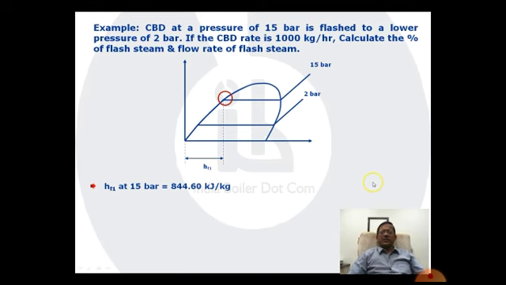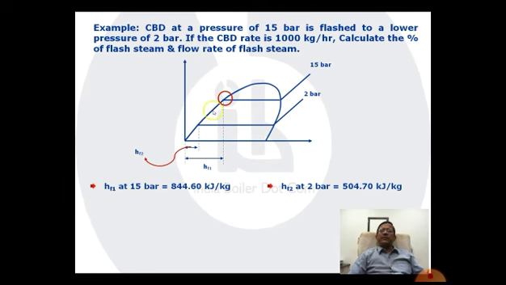When the water is throttled to the lower pressure, there is no loss of heat. That is the throttling process. Whatever heat was there with this water is still here. But at this pressure, if it is water, then the maximum heat it can have is here, and that is the HF2 part. From the steam table at 2 bar pressure, HF2 is 504.7.